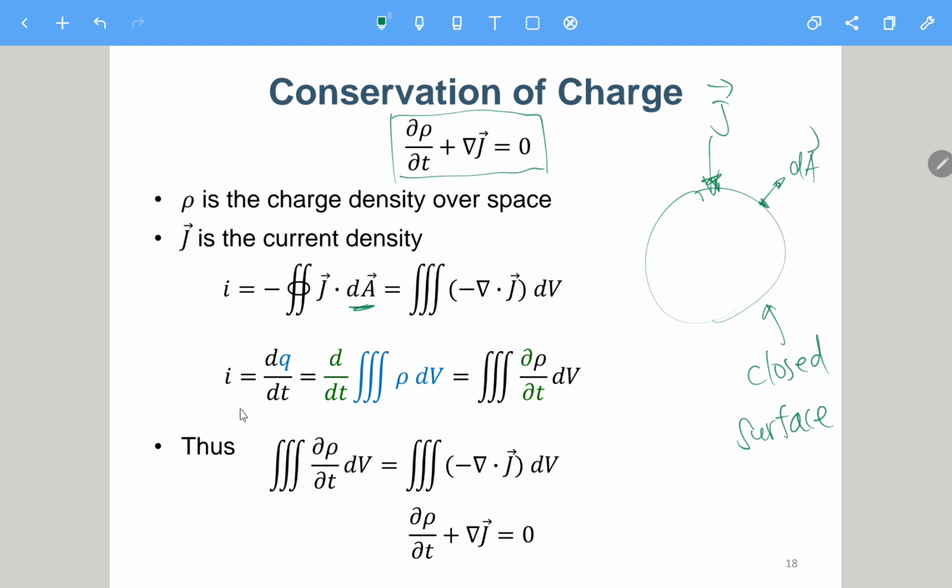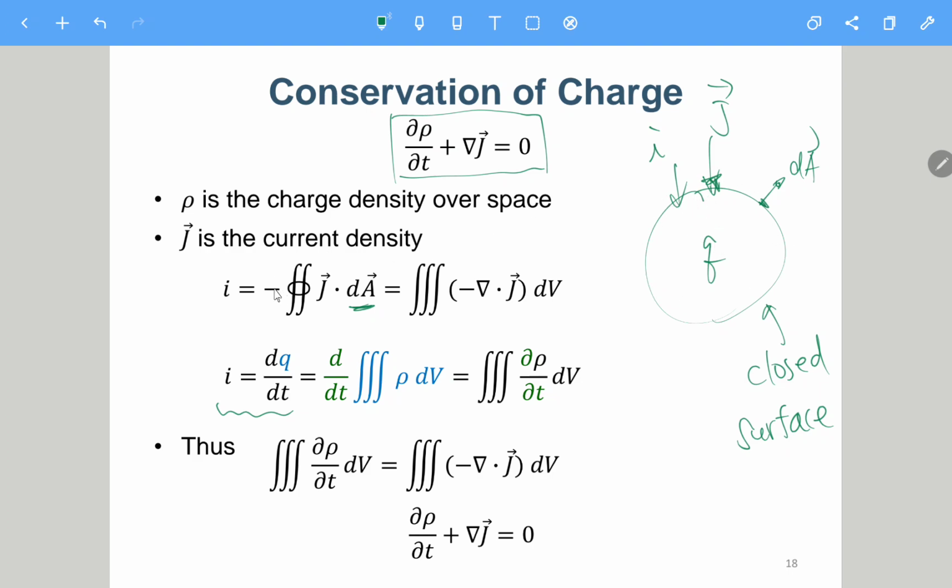Next we have this I equals dQ dt. If Q is changing, it means that we have I. Here we try to consider what is the Q. Suppose the Q is changing, and if I is also going in, then it will accumulate the charge inside this volume.